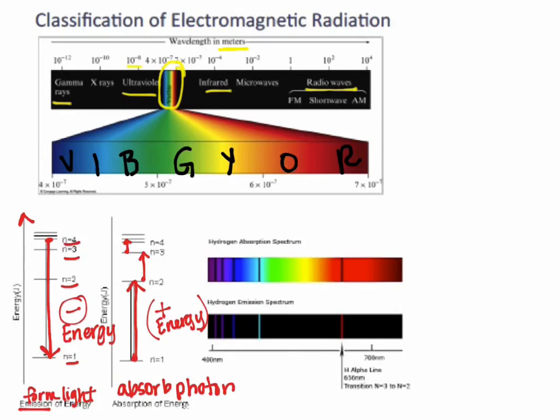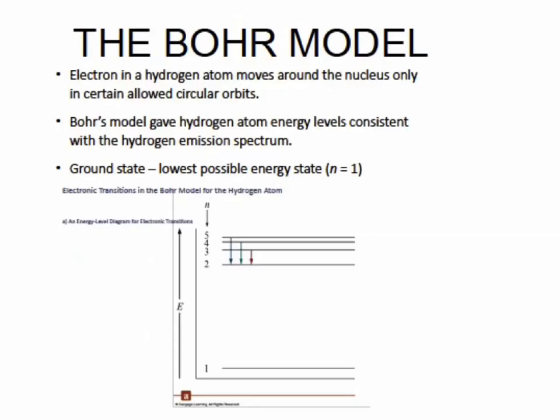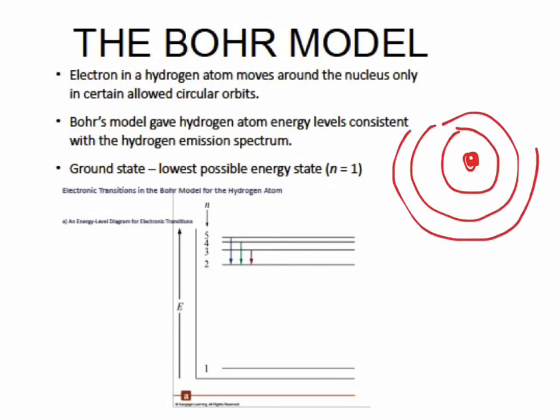Okay, so next we have like 3 more slides. So the Bohr model. The Bohr model studied hydrogen, and what we got from the Bohr model was that we have our nucleus, and outside it we have our electrons in these orbits.